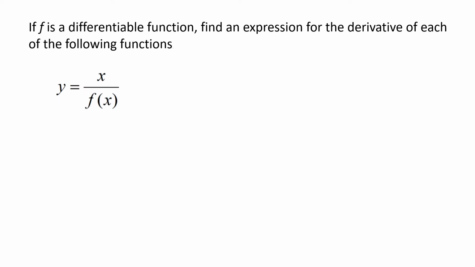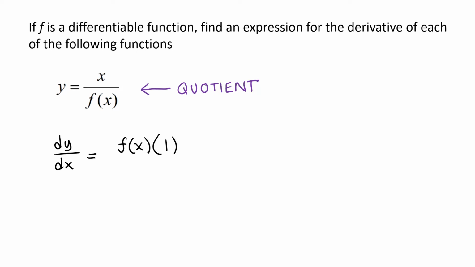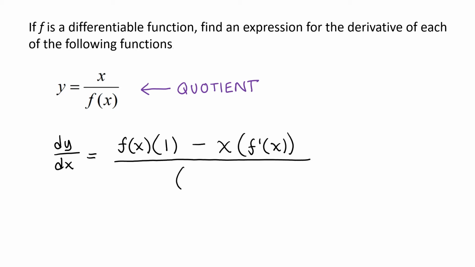Now we want to find the derivative of y is equal to x over f of x, where this is a quotient. So the derivative of y with respect to x, dy dx, will be equal to our low d high, so the derivative of x is just 1, minus high d low, the derivative of f of x is f prime of x, all over low, so all over f of x squared.